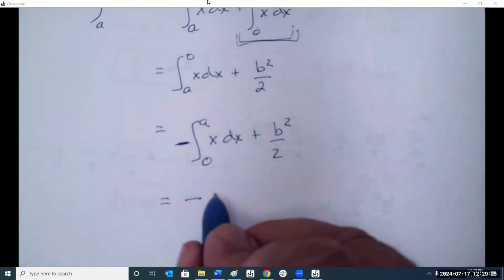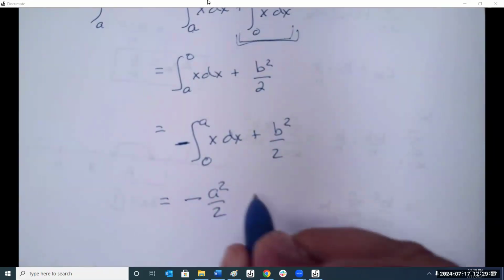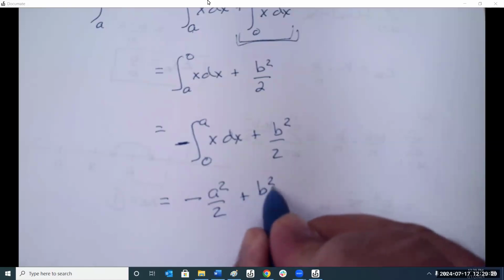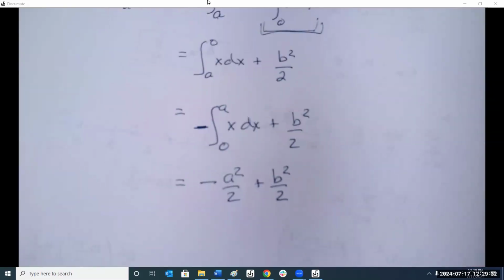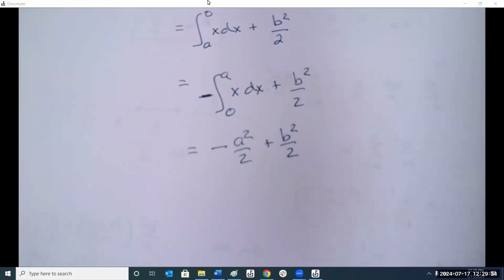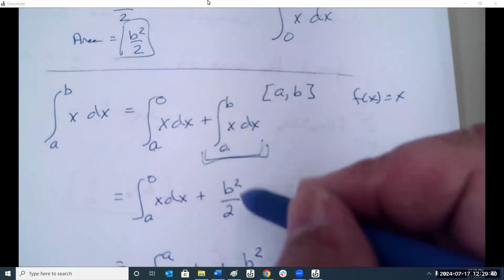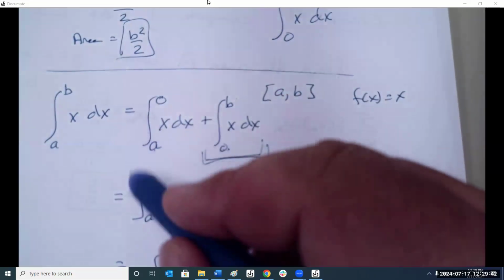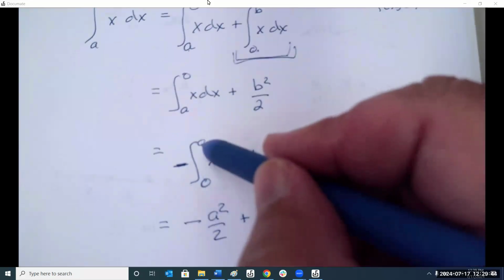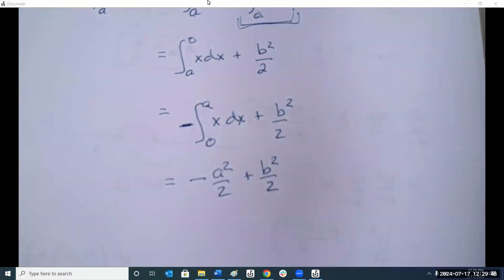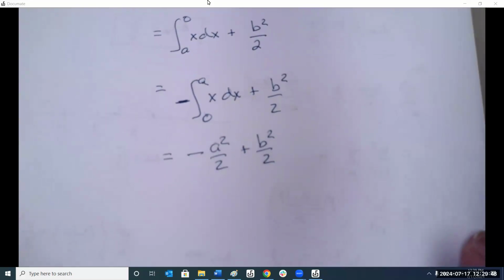And we know it's going to be A squared over 2. For the same logic, this one from 0 to B became B squared over 2, so from 0 to A, it's going to be A squared over 2. But the negative is from changing the bounds of integration.